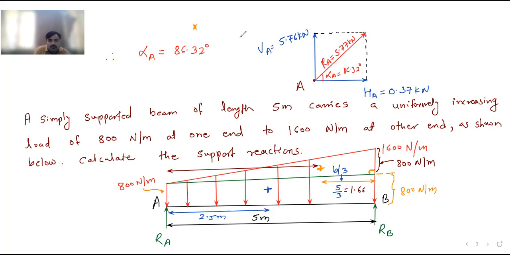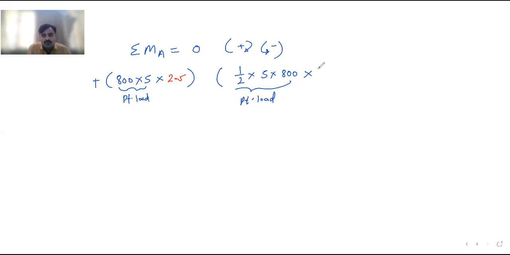If this total is 5 and this is 1.66, then how much is the remaining? It is 3.33. So the remaining is 3.33 meters. So our lever arm is 3.33, and I multiply this by 3.33.